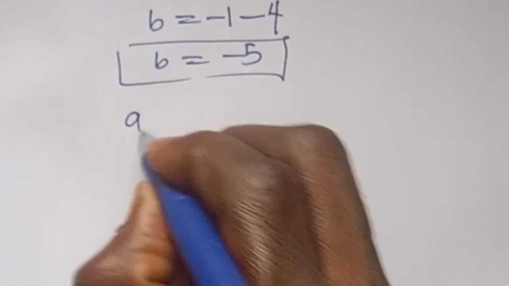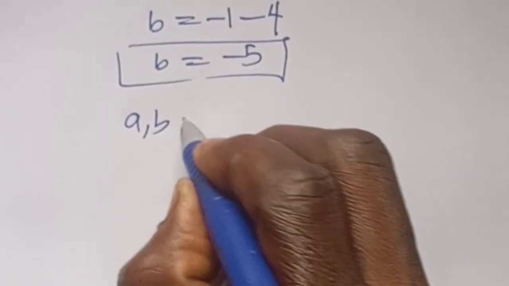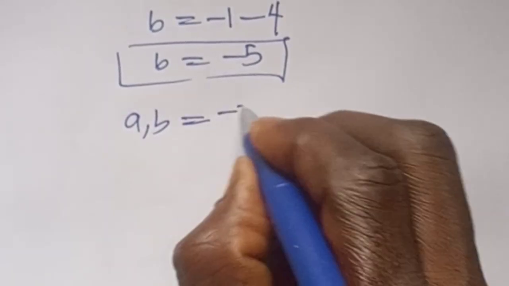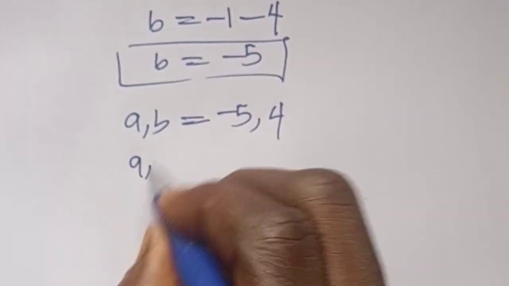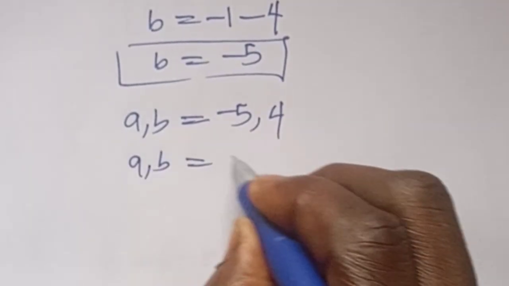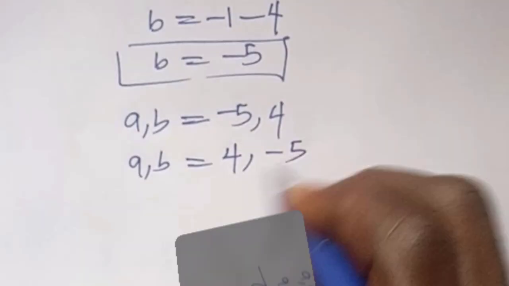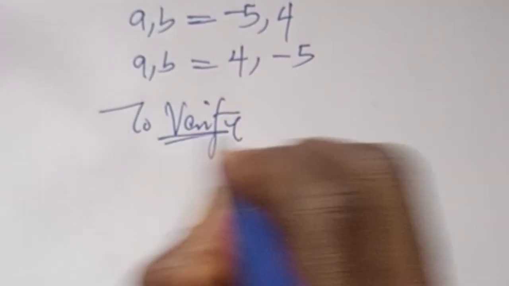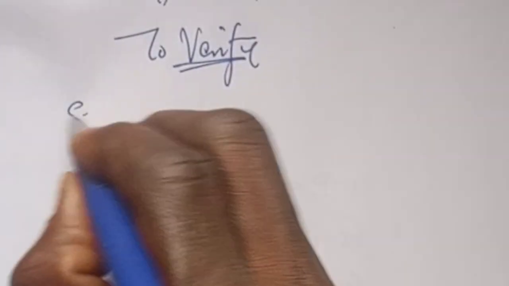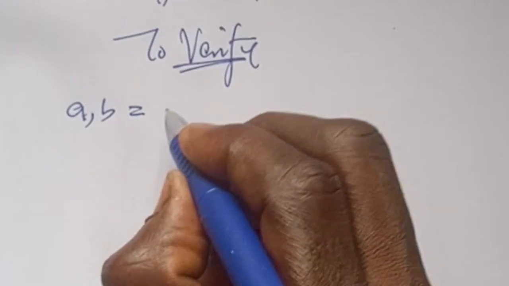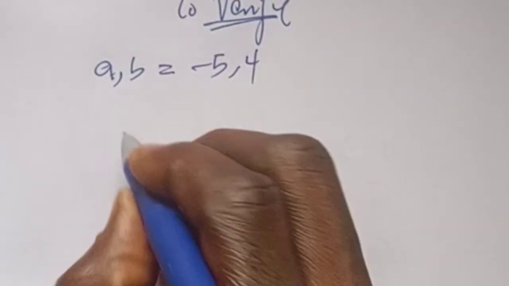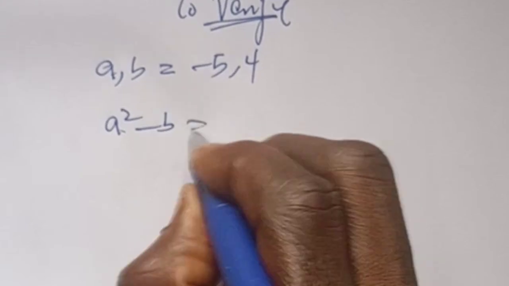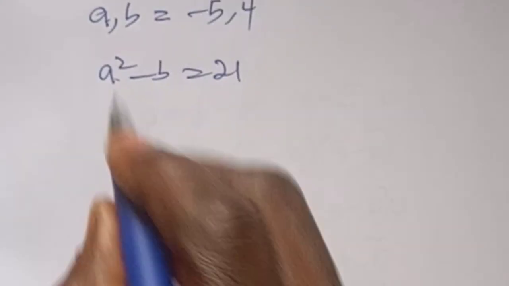So our final answer, a, b, is given as minus 5 and 4, and a, b is equal to 4 and minus 5. So to verify this, I'm going to take the first set, a, b is equal to minus 5 and 4, and from a to the power of 2 minus b equals 21.